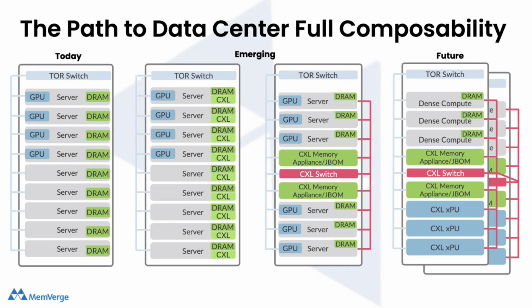So is software like MemVerge required for a system to be able to access the CXL memory pools, or is that handled by the memory controller in the CPU? It's a little bit of everything. The hardware is the ability for a CPU to access CXL and a GPU to access the memory remotely.